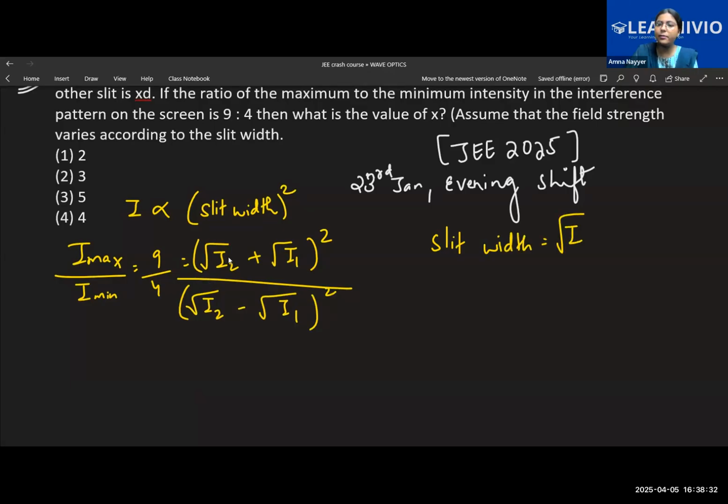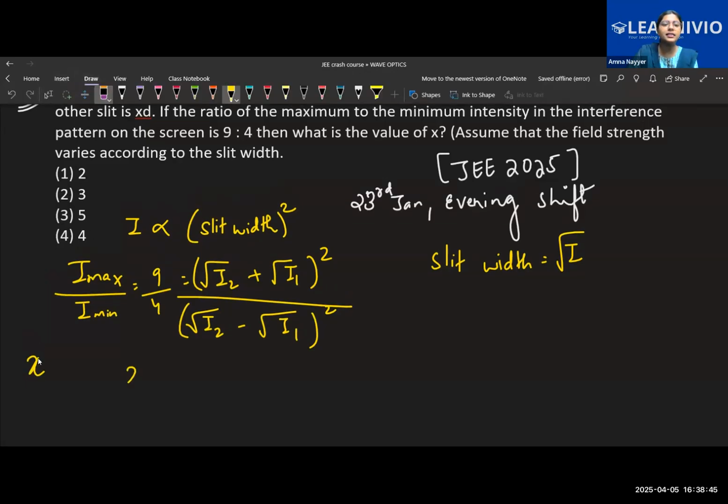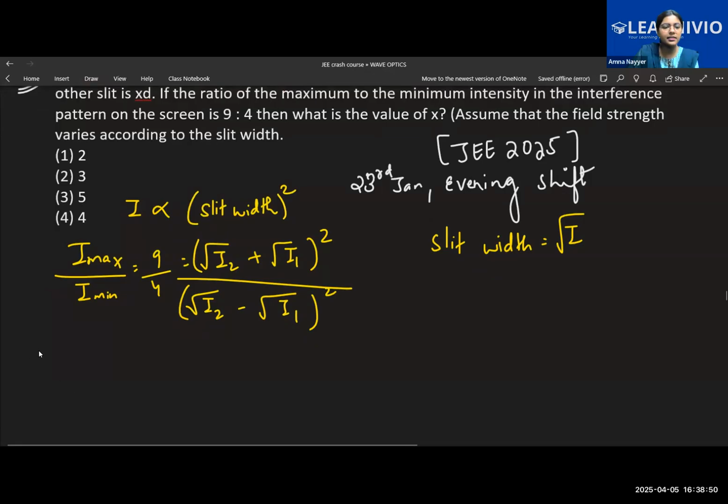Correct. So we can replace the intensities with the values of slit width, right? One is given as D, other is given as XD.